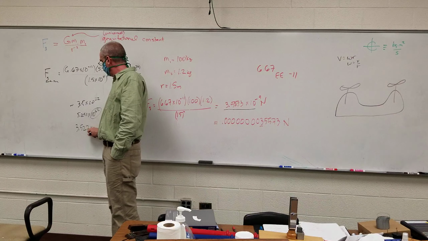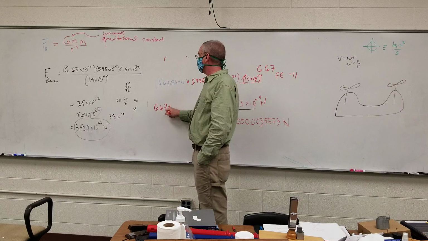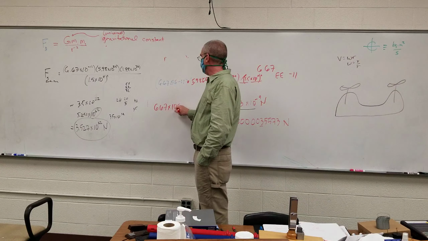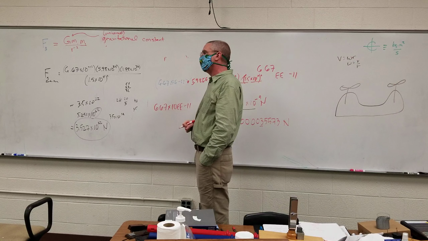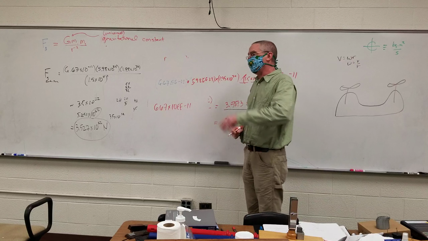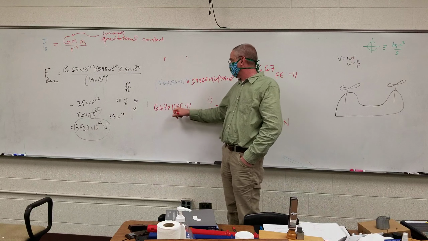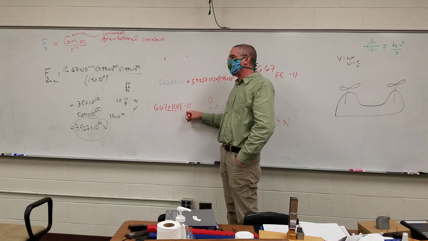Wait, so how come I got 22 for the exponent, 24 for the exponent? When you typed it in, did you type in 6.67 times 10 EE negative 11? I was going through a lot, I don't know. Most likely. If you're off by a couple factors of 10, this tends to be where I would expect to see it, because this is multiplying by 10 and then doing 10 to the negative 11th.